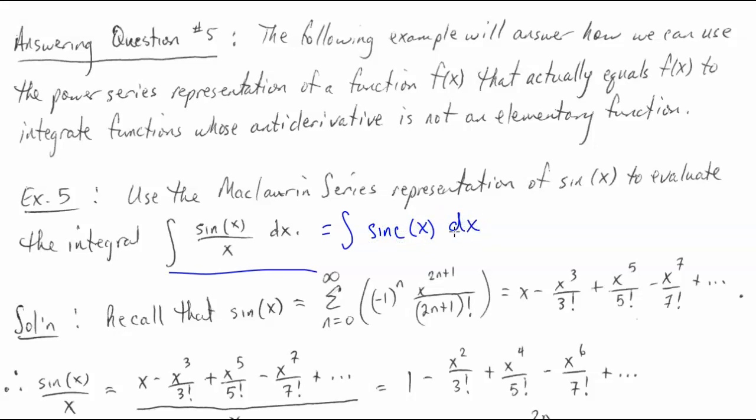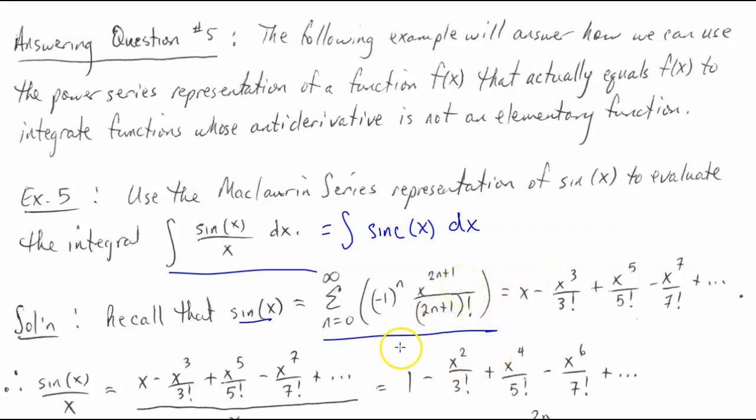And so here, notice that we know from our list that sine of x can be represented as the summation of -1 raised to the n times x raised to the 2n plus 1 divided by 2n plus 1 factorial.